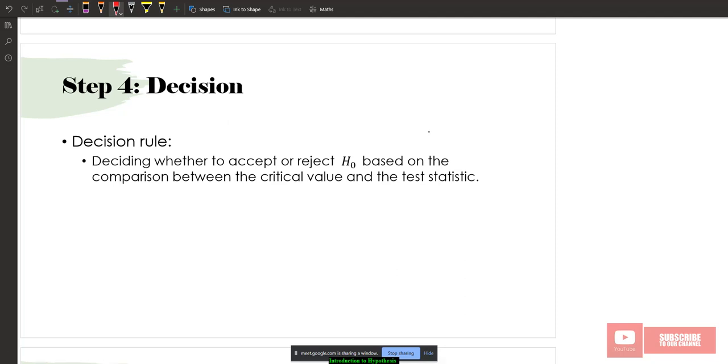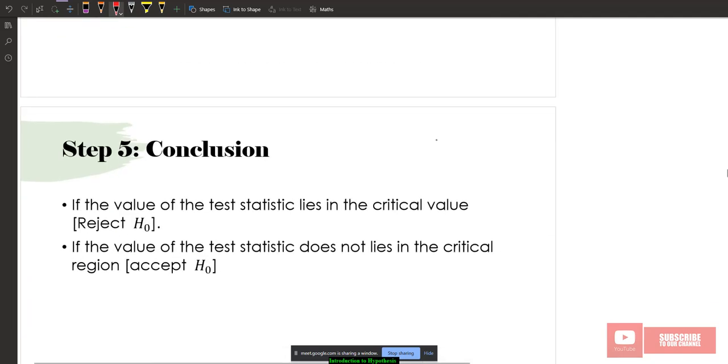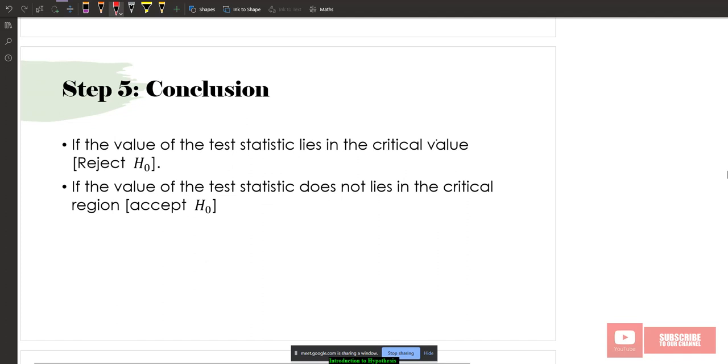Step number 4 is making a decision based on the decision rule, whether we accept or reject the null hypothesis. The last step is making a conclusion. If the value of the test statistic lies in the critical value or rejection region, then we reject the null hypothesis.